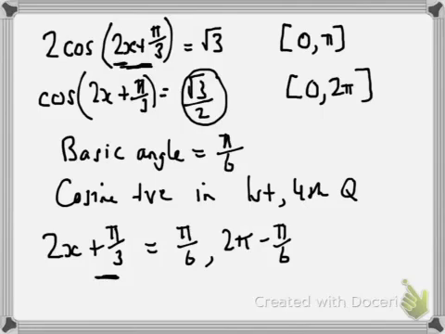So a handy thing to do here is to go one extra solution, because that next solution, even though it's outside 2 pi now, in a moment once I subtract pi on 3 from it, we'll bring it back within the domain.